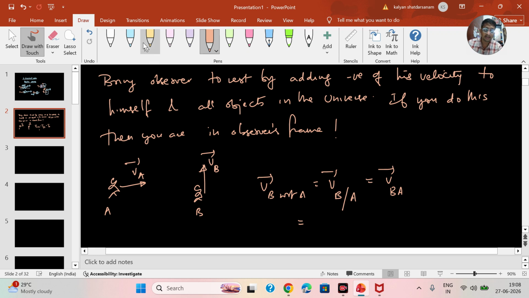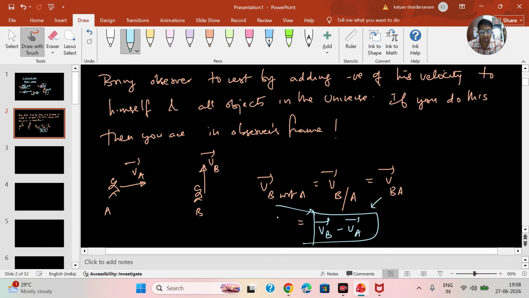So you got to add negative of his velocity, that is minus VA, you must add to himself. So to this VA you are adding minus VA, an opposite vector. And you add that minus VA to VB also. So effectively you get VB minus VA. So VBA is VB minus VA, or VB with respect to A is VB minus VA.